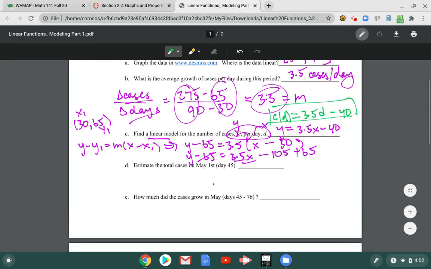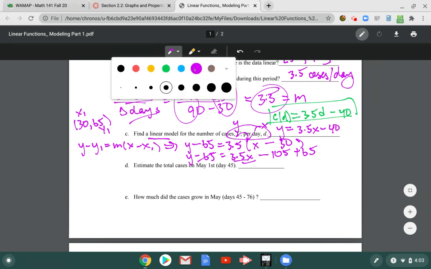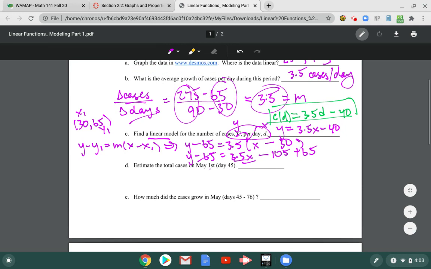Okay, next. Estimate the total cases on May 1st, which is about day 45. So if I'm estimating this at day 45, I want to let D in my model equal 45. So I'm going to go ahead and grab my model.